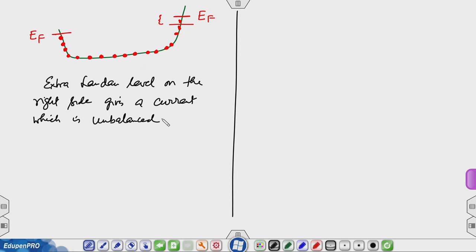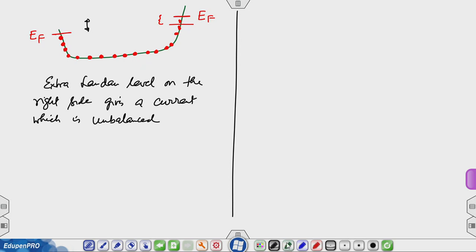So, when I apply this voltage difference here, there is a Landau level which gives a current which is unbalanced. So, applying a potential drop across x direction gives me a current in the y direction, and let us calculate the ratio of that current and the field.